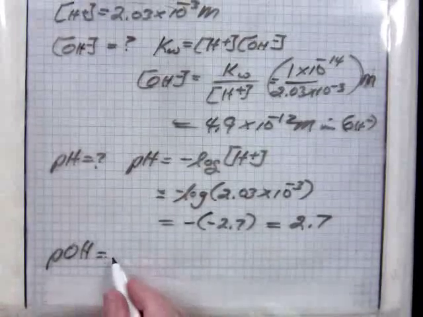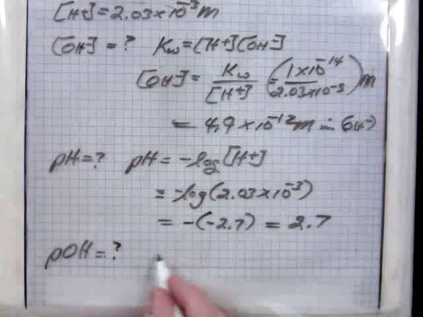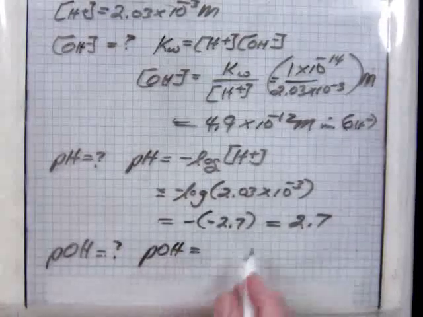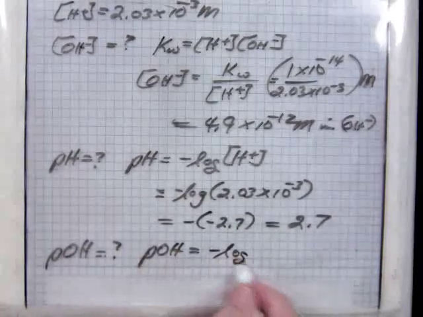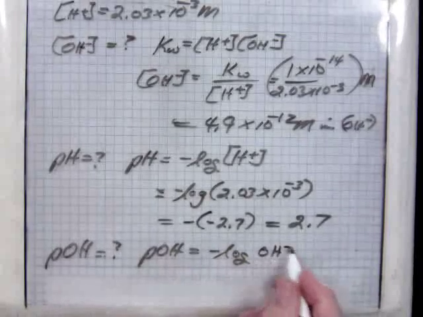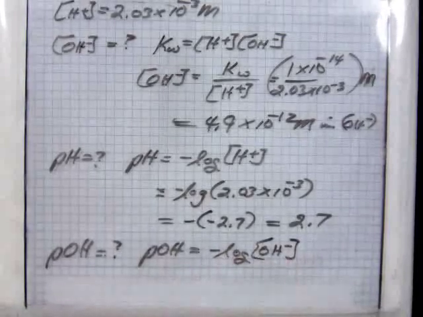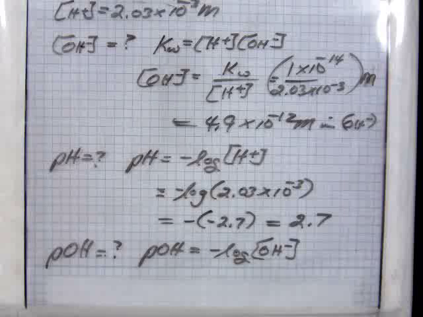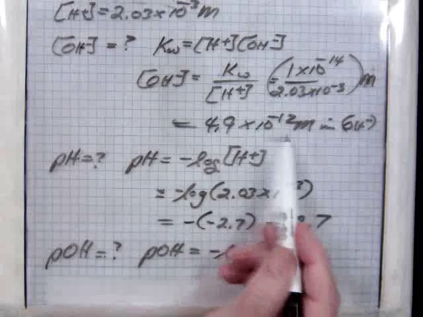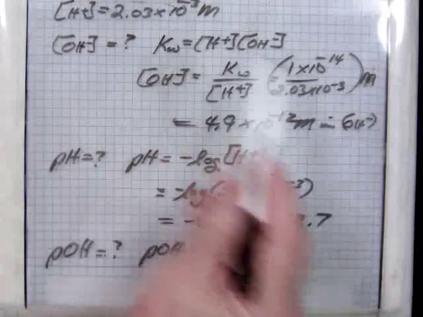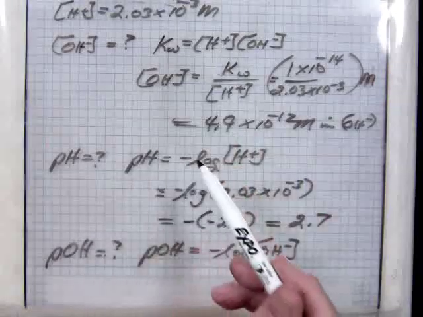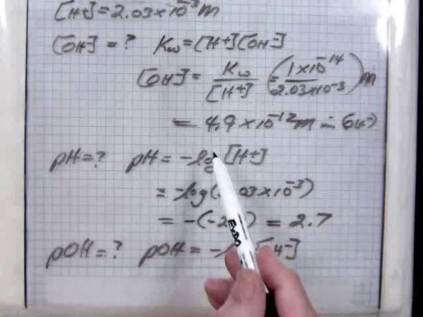So the next one is the pOH of this. Now the pOH can be calculated as minus log of the molar concentration of the hydroxide. Now there are two approaches to this. One, you can go back up here to the acid concentration that you have. Well, we already got the OH concentration, didn't we?